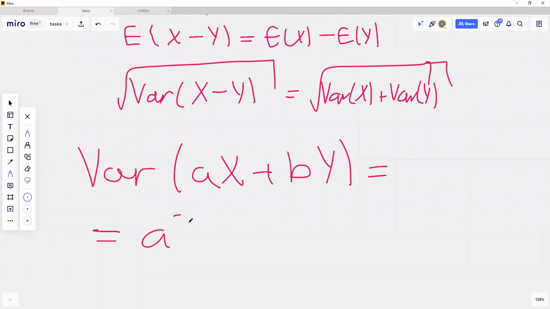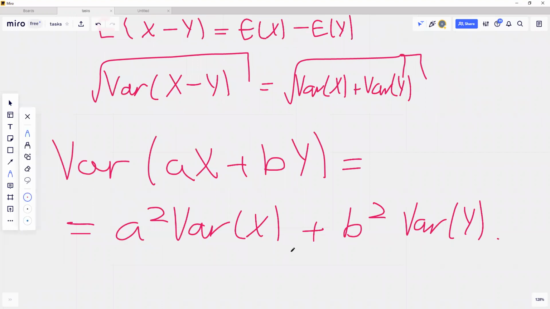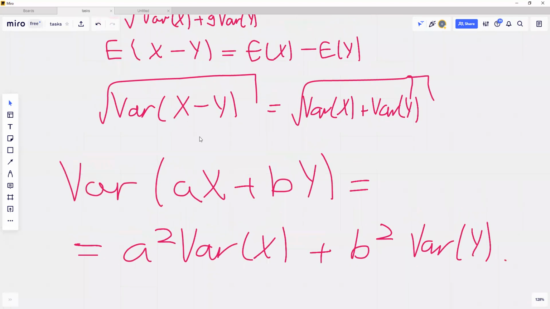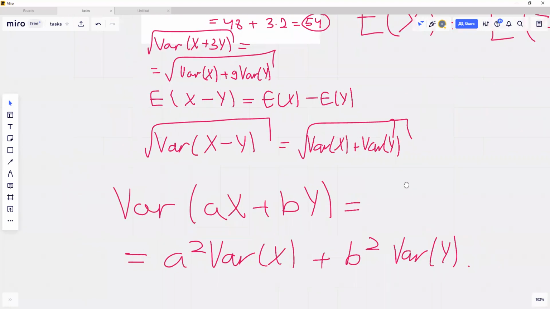Then this is a squared variance of X plus b squared variance of Y. So by this reason here we have linear combination 1 multiplied by X plus minus 1 multiplied by Y. So the idea is the following, even if you are subtracting one variable minus the second one, variabilities will add up. Okay. All right. Any other questions?